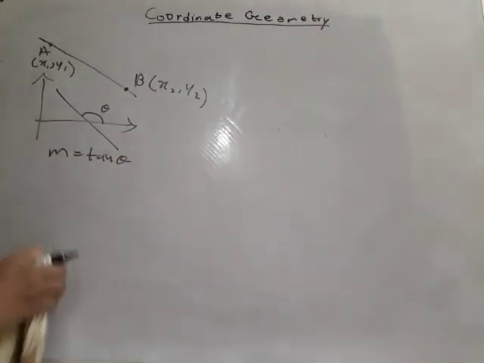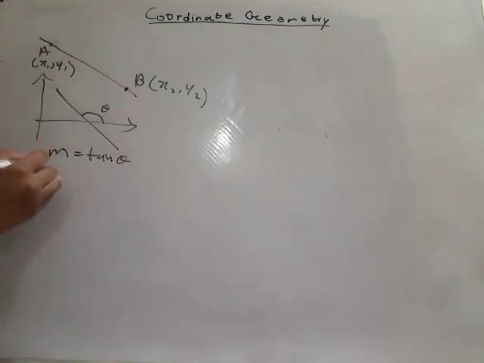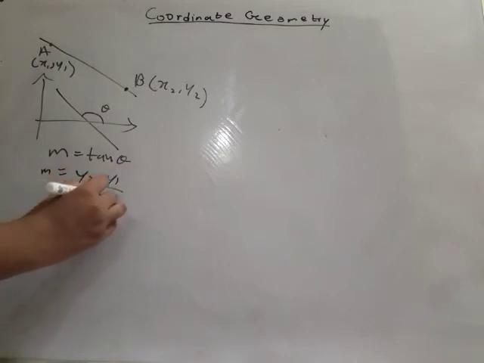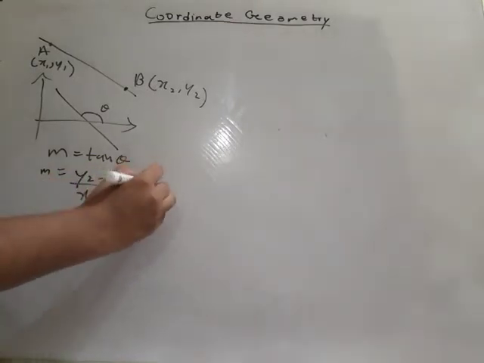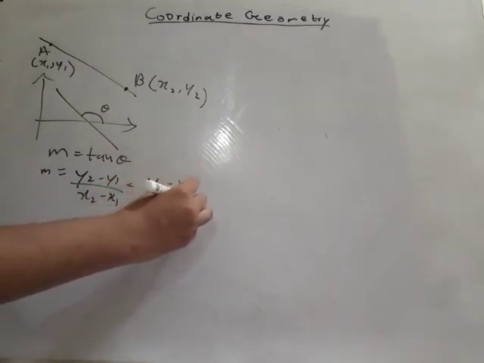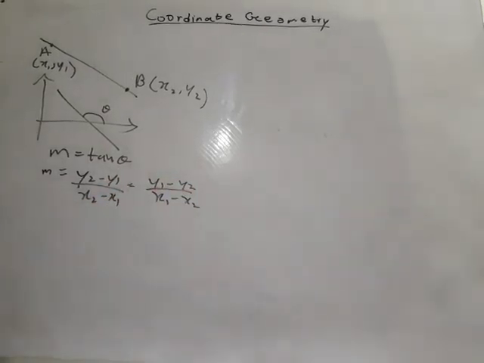So overall what we find is, for any 2 points given, the slope of the line m equals y2 minus y1 by x2 minus x1, equal to y1 minus y2 by x1 minus x2. So this is the slope.